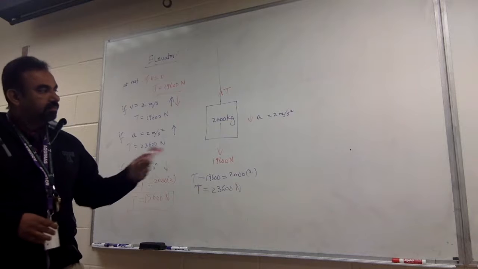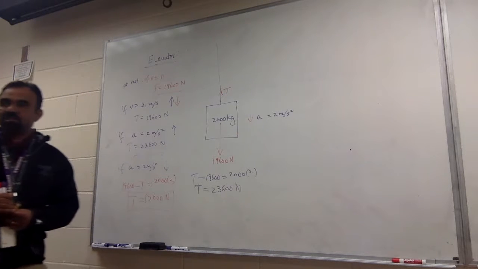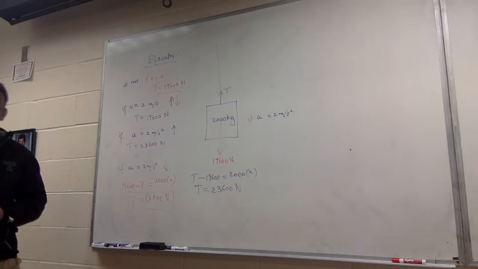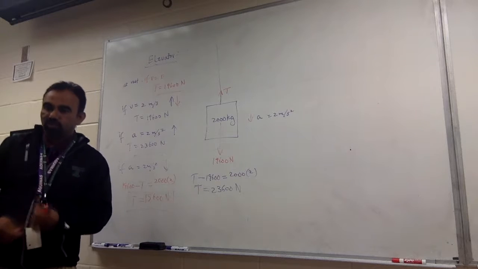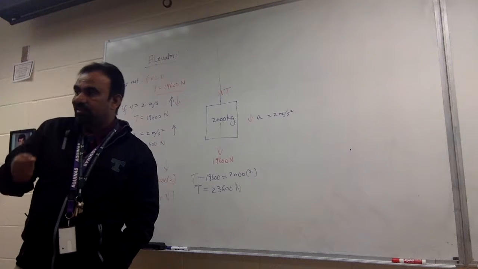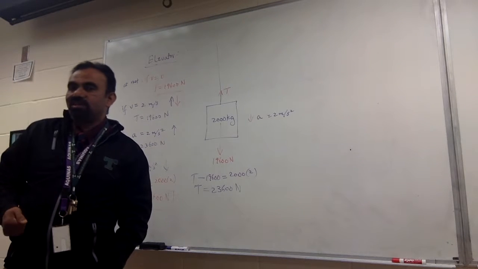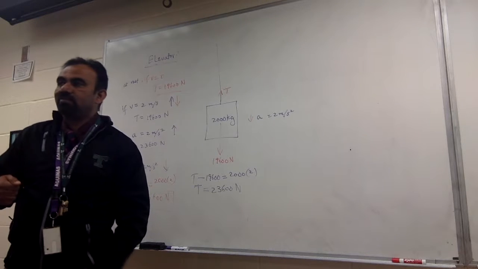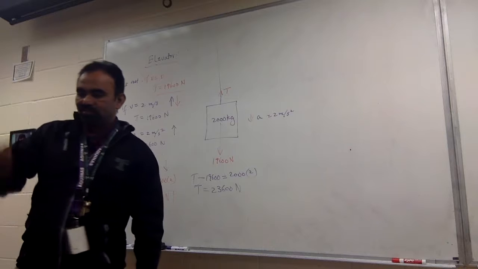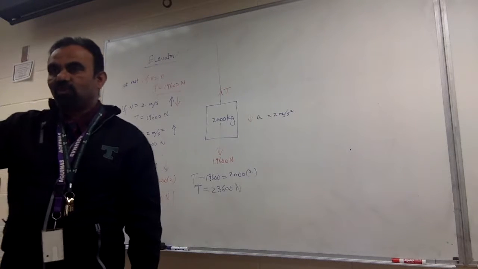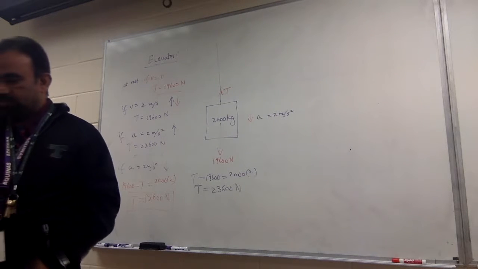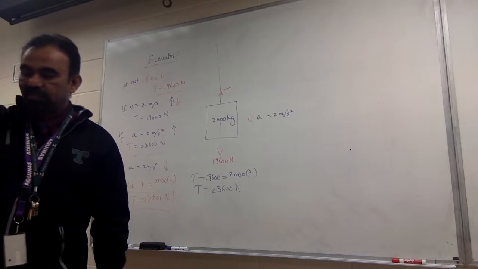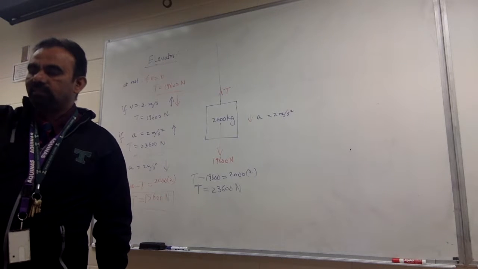So you can see how the tension is affected by something moving upward. If you want to haul something up, there's a likely chance of the cable or the rope breaking. If you're holding something like this, now there's a tension.